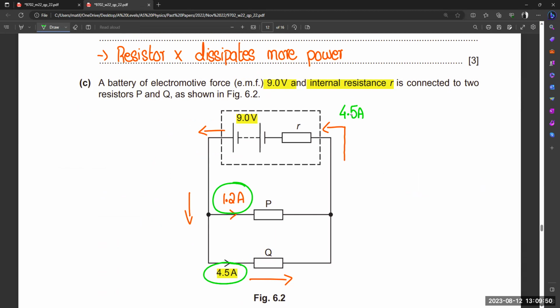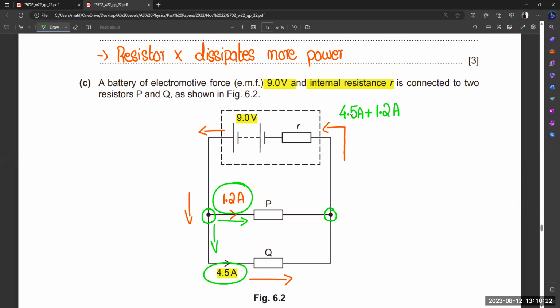We know that when current divides from this point, from this branch, it actually divides into two parts, this part and this one, right? And when these charges meet at the second branch, they will again combine and move in the same direction, right? So it means that we need to add 4.5 plus 1.2. So we are getting a combined current through internal resistance, right?